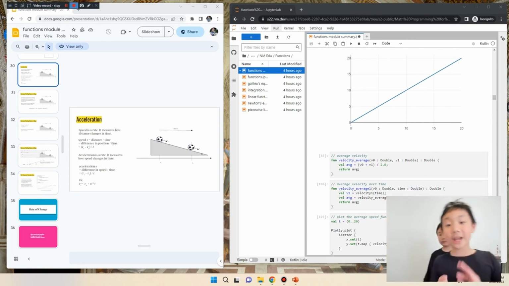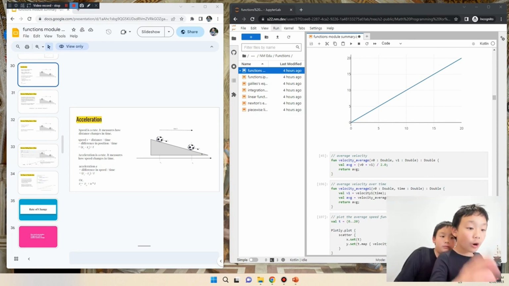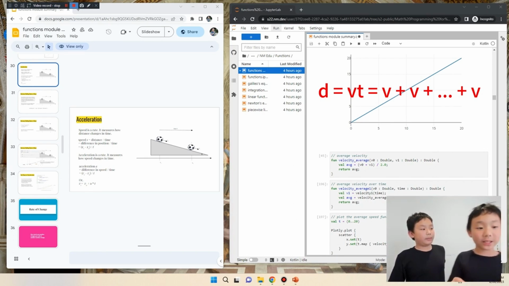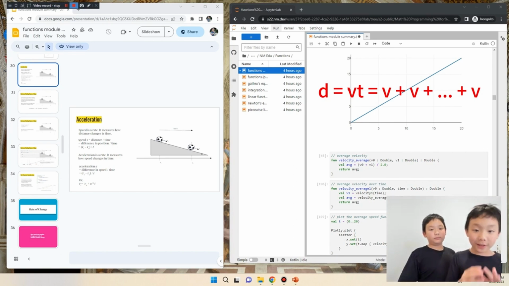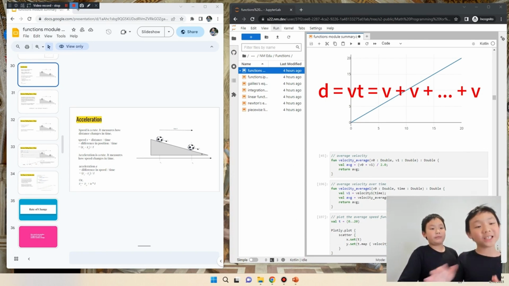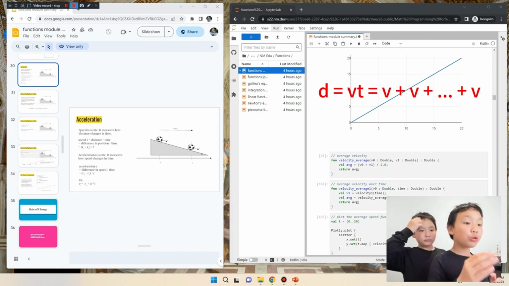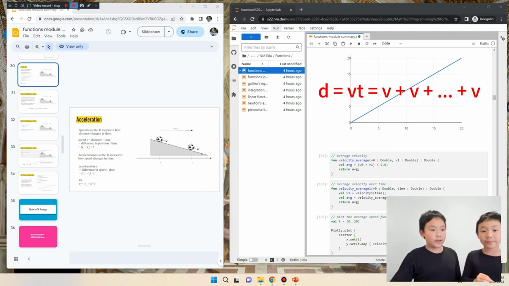Before we get into the coding, I want to do a quick summary of the theory. So D equals V times T. This basically means that there are T copies of V, like V plus V plus V plus V plus V, T times. So this is why D is equal to the summation of V, T times.